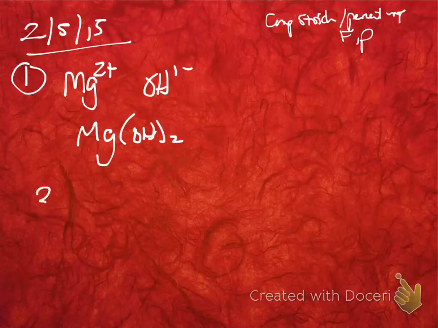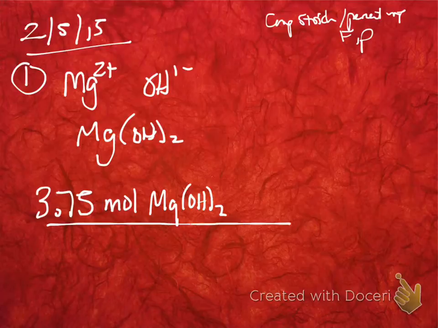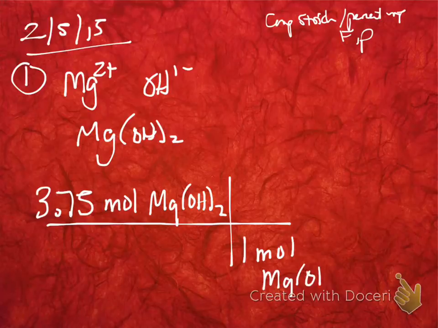We're going to set this up just like any other stoichiometry problem, starting with the given in that first box. And we know that we'll have 1 mole of Mg(OH)2. And we figured out the molar mass here.